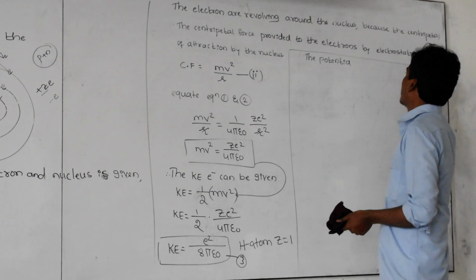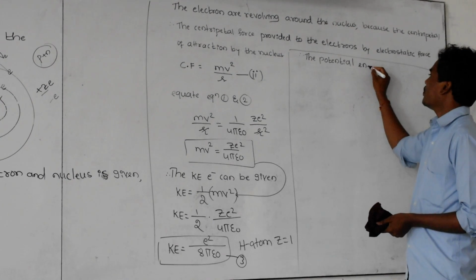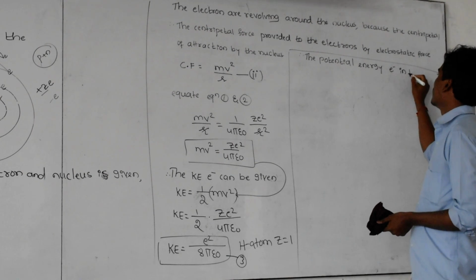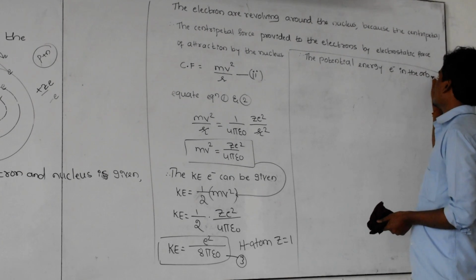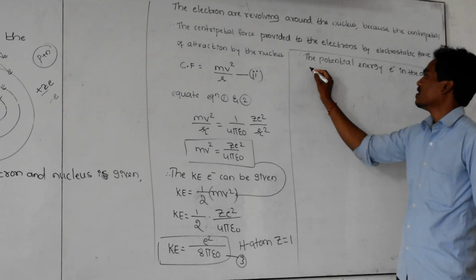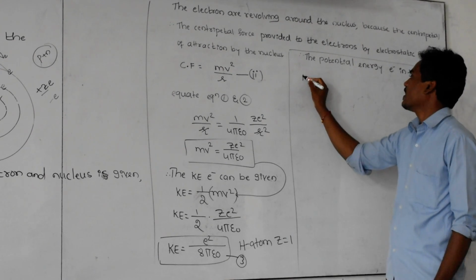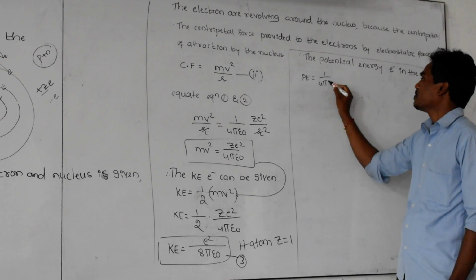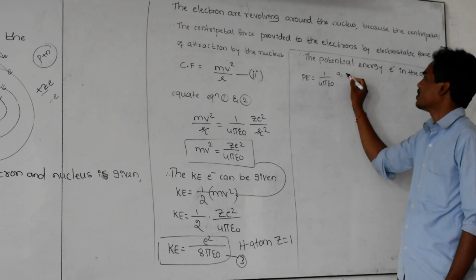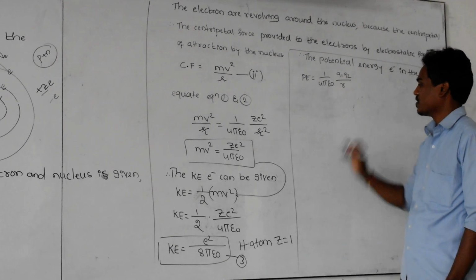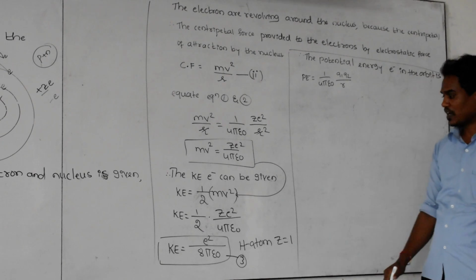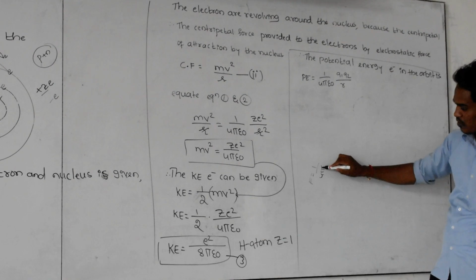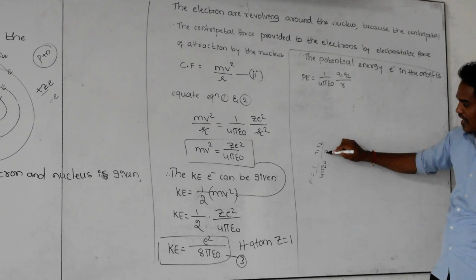Therefore, I am writing directly the potential energy of the electron in the orbit. It is given by 1 by 4 pi epsilon naught, Q1 Q2 divided by R. Whenever you calculate the electrostatic force of attraction, Coulomb's law, F is equal to 1 by 4 pi epsilon naught Q1 Q2 divided by R square.